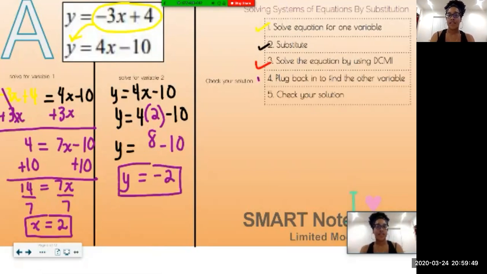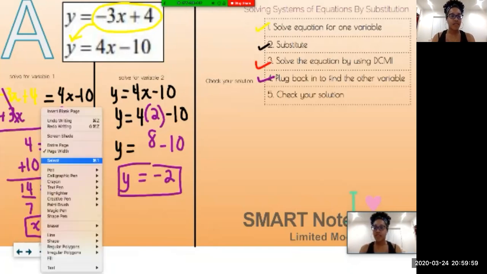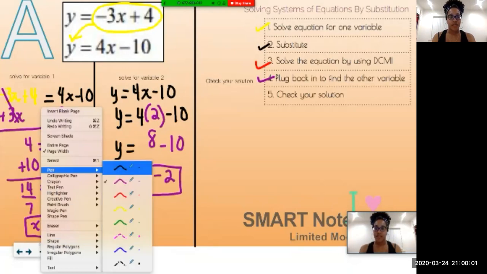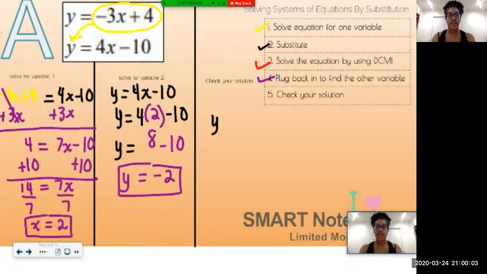Last but not least, we're going to check our solution to see if it makes sense. So we choose any of these that we want. I'll use the first one, but like I said, you can use whatever you want. So it says y equals negative 3x plus 4.